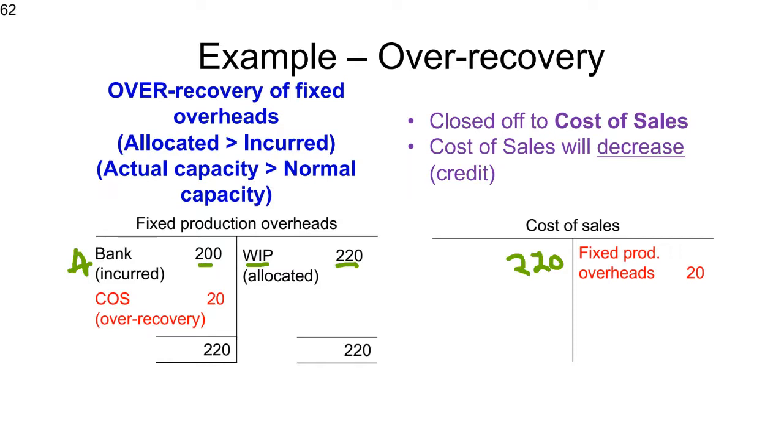It has to go to finished goods, and from finished goods it has to be sold. It's ended up in cost of sales, and then the cost of sales is too high, and the rental is in credit, which is no good. So therefore, we undo the over recovery by moving the part that was over recovered into cost of sales.